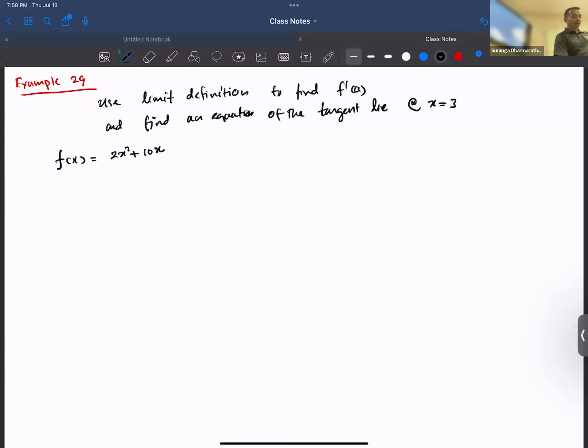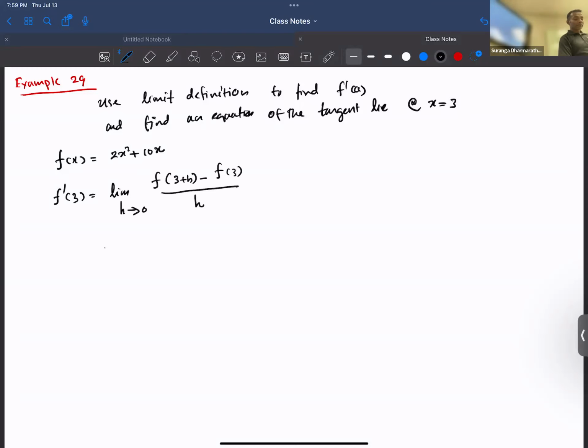Okay. Now, what is it by definition? F prime of 3 is equal to what? The limit as h goes to 0 of f of 3 plus h minus f of 3, divided by h. Right?